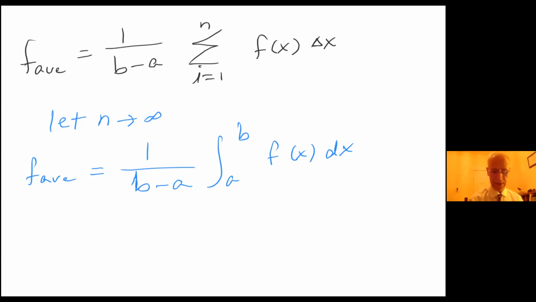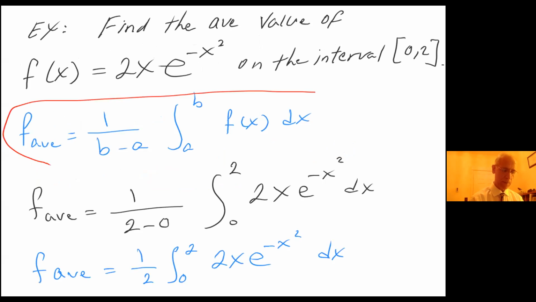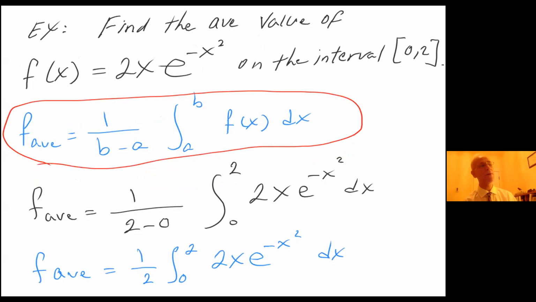So let's have an example. I already have an example ready for us. Okay, here's an example. Find the average value of f of x equals 2x e to the minus x squared on the interval 0 to 2. Well, here's our formula right here: f average equals 1 over b minus a times the integral from a to b of f of x dx.